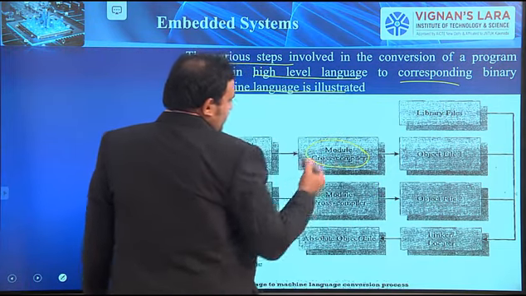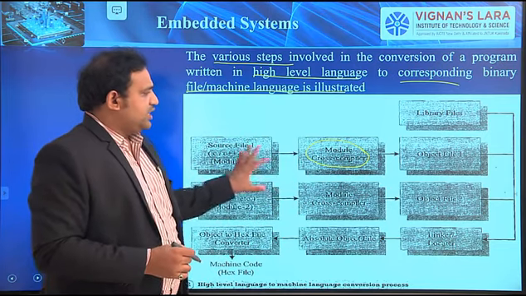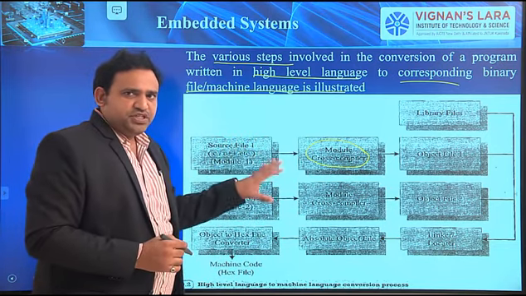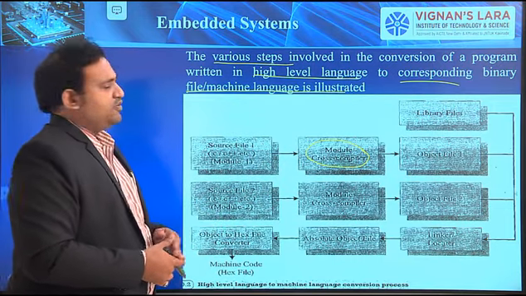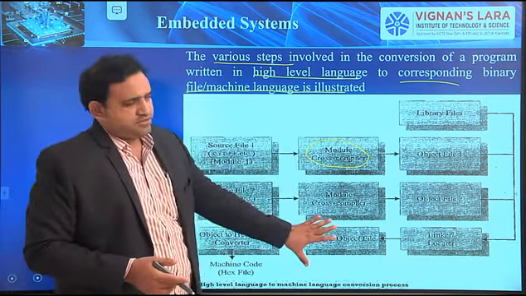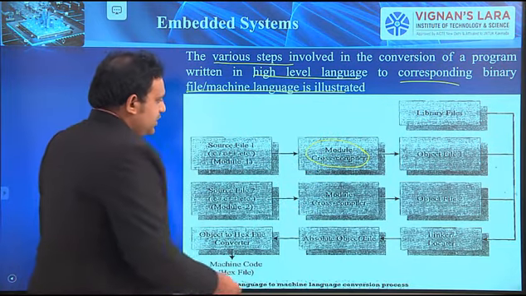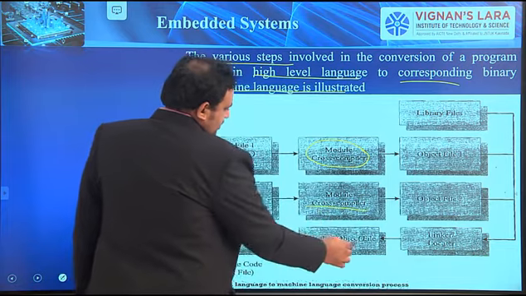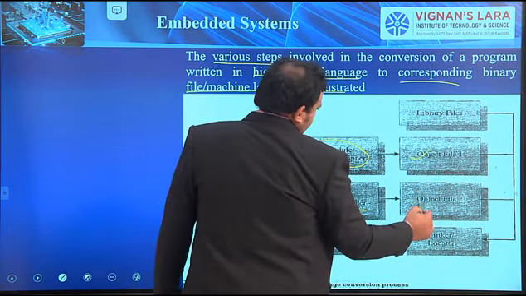There we used an assembler in order to convert the source file to machine level language, in this block. Now we are using a cross compiler. Here also it is a cross compiler, and the object file is the same.